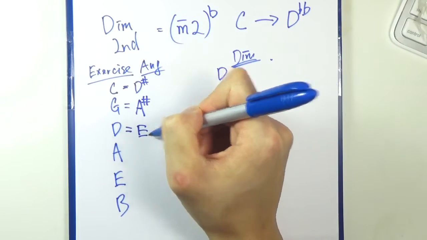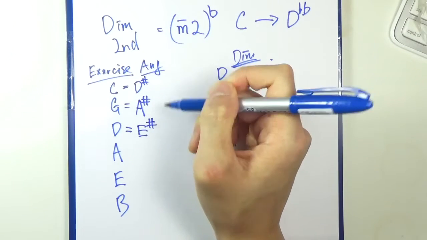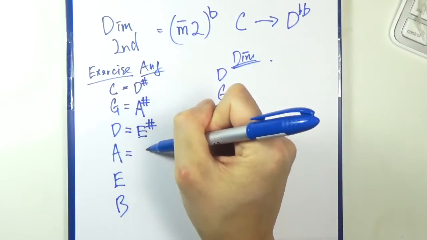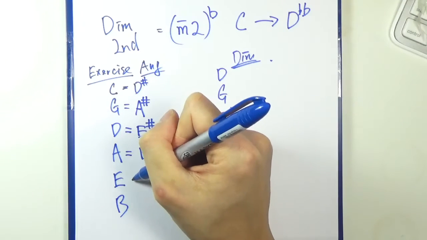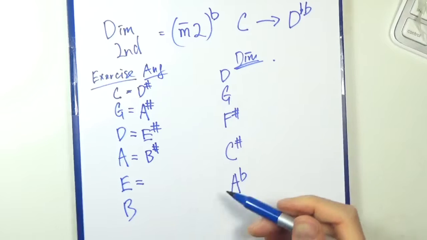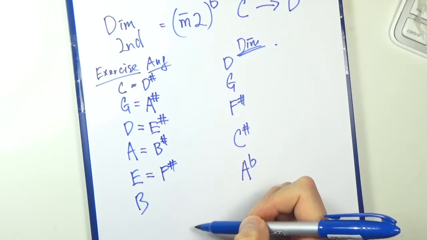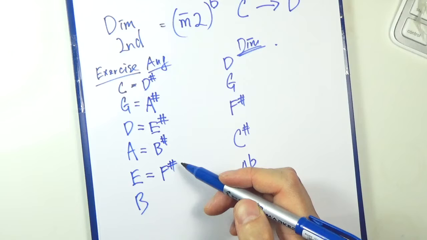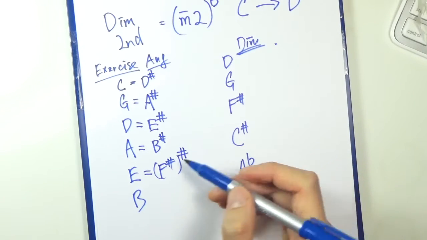D, E, that's your major second. Sharpen that. That's an E sharp. A, B, major second. Sharpen that, becomes augmented. Okay, this one, interesting. E. So F sharp is your major second, right? And then you have to sharpen the whole thing.